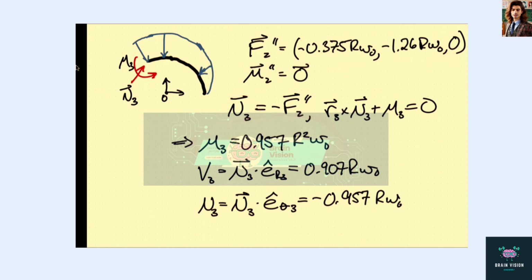M3 is 0.957 r squared omega naught. And then if we want the shear and the normal, we can again take the dot product of this internal force vector with the radial unit vector and with the circumferential unit vector. And we get that V3 is 0.907 r times omega naught, and the normal force is minus 0.957 r times omega naught.